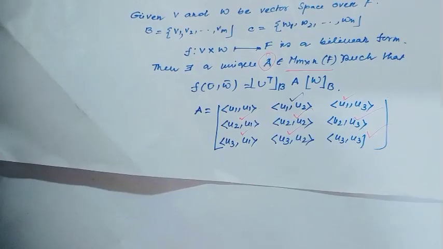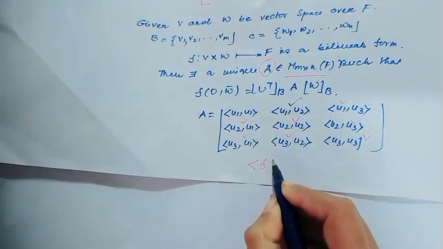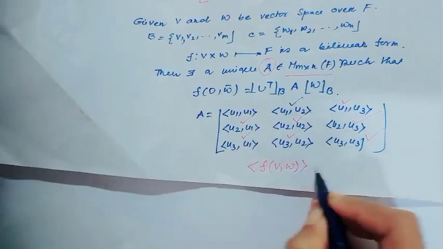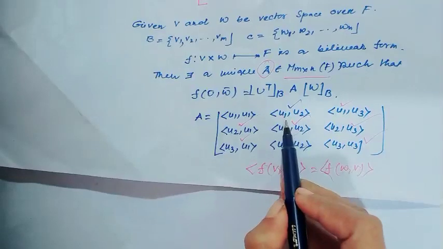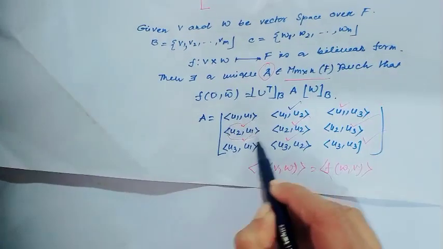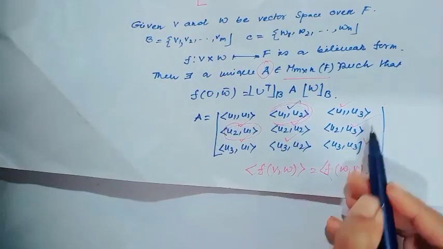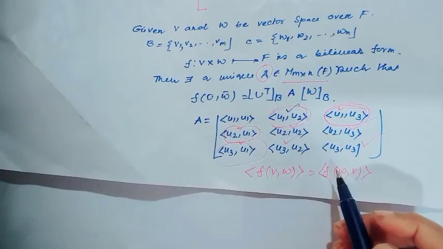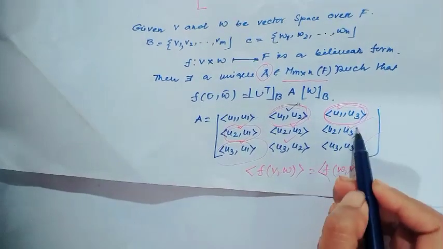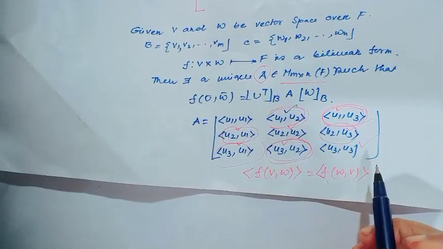And obviously this matrix would always be symmetric, because when f of v w equals f of w v, then obviously inner product U1 comma U2 and U2 comma U1 would always be the same. Similarly, inner product U1 comma U3 and U3 comma U1 would be the same, and inner product U2 comma U3 and U3 comma U2 would be the same.